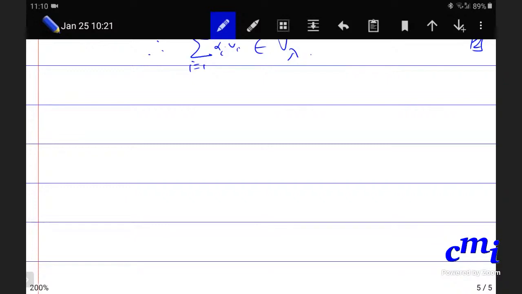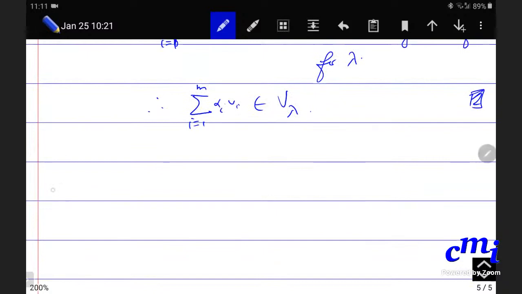Next, I will state an important property about eigenvectors corresponding to distinct eigenvalues. I will state it in a weak version, just to illustrate the point, but we will prove it properly before we use it.